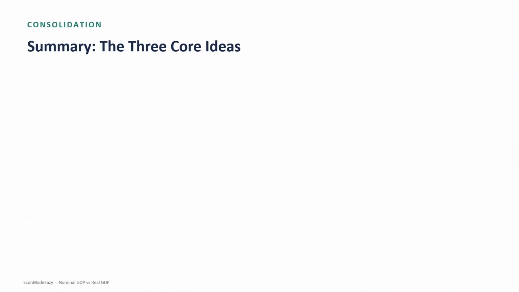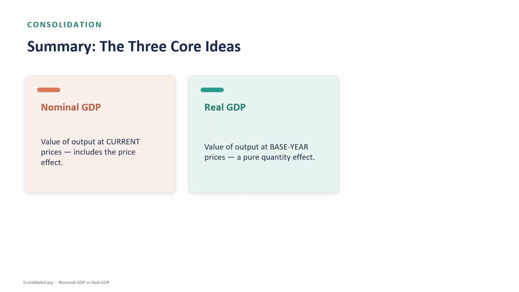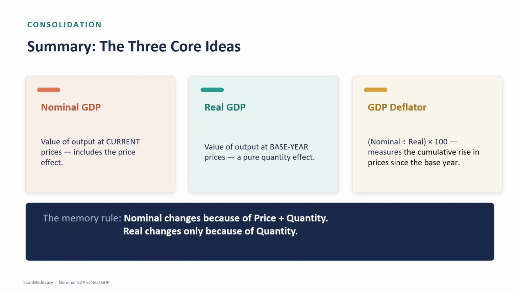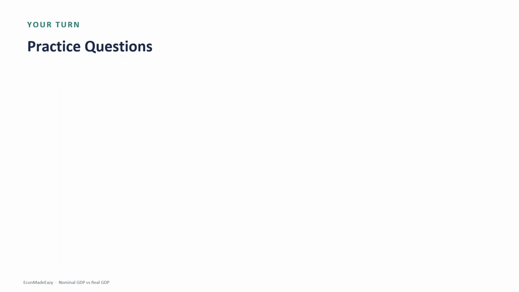Now, this is a summary of the 3 core ideas. First, nominal GDP, real GDP, and the GDP deflator. And also remember this simple memory rule: nominal GDP changes because of both price and quantity. Real GDP changes only because of quantity.